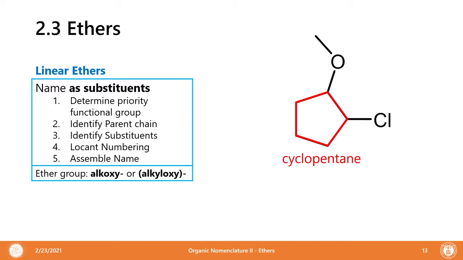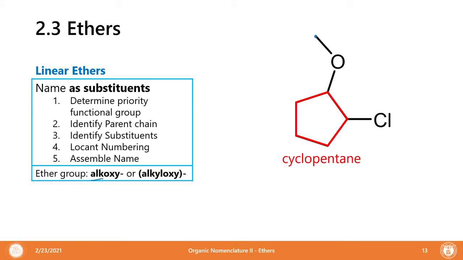So how do we name linear ether substituents? We use the prefix alkoxy. And if it's in a complex substituent, we use alkyloxy, separated by parentheses. So in this case, we only have a simple ether with one carbon.